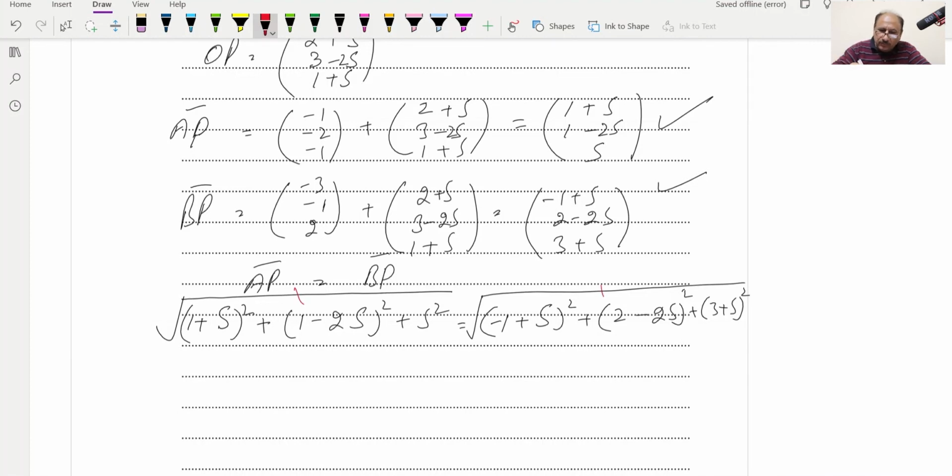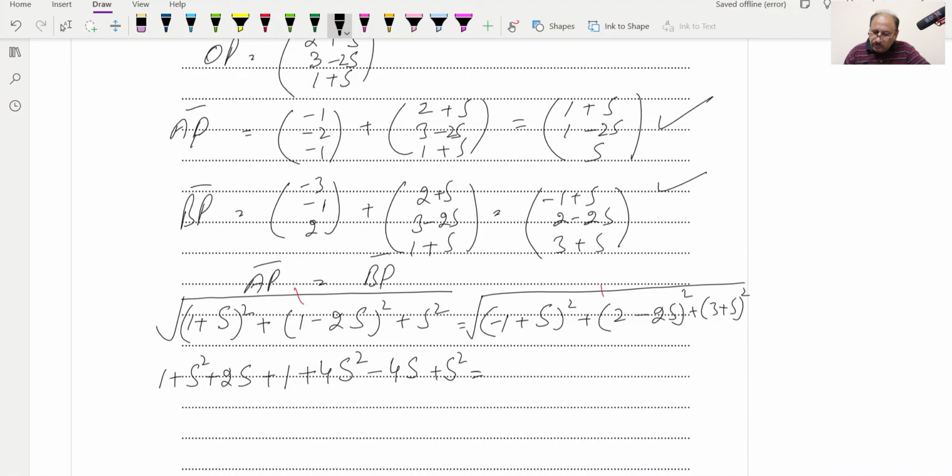We can open the squares. It will be 1 plus s squared, using a squared plus b squared plus 2ab, so plus 2s. Next, a squared plus b squared, so plus 4s squared and minus 2ab, so minus 4s, and plus s squared.